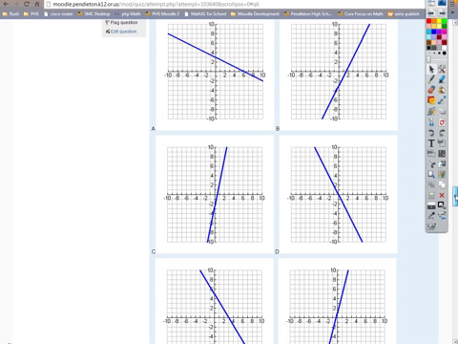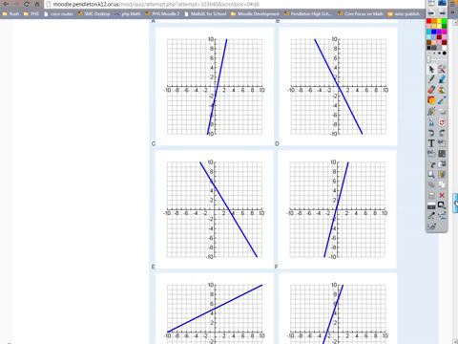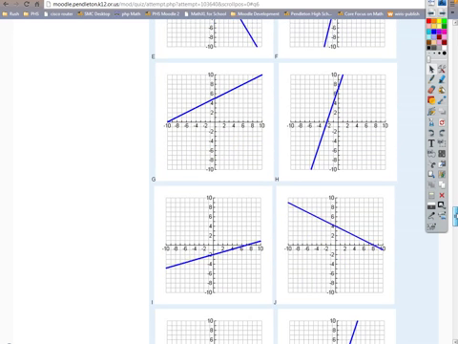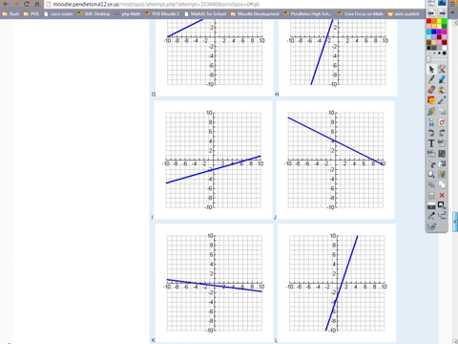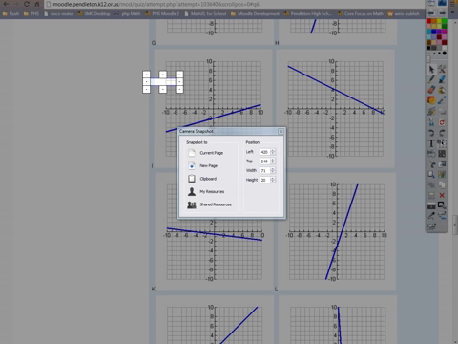Okay, let's see. That's -3 right there, but the slope's wrong, right? The slope's not 2. That one's no good. We're looking for -3, right? That's -2, so that's not going to work. There's an example right there. Okay, what about that one? Yeah. Let's grab that one.